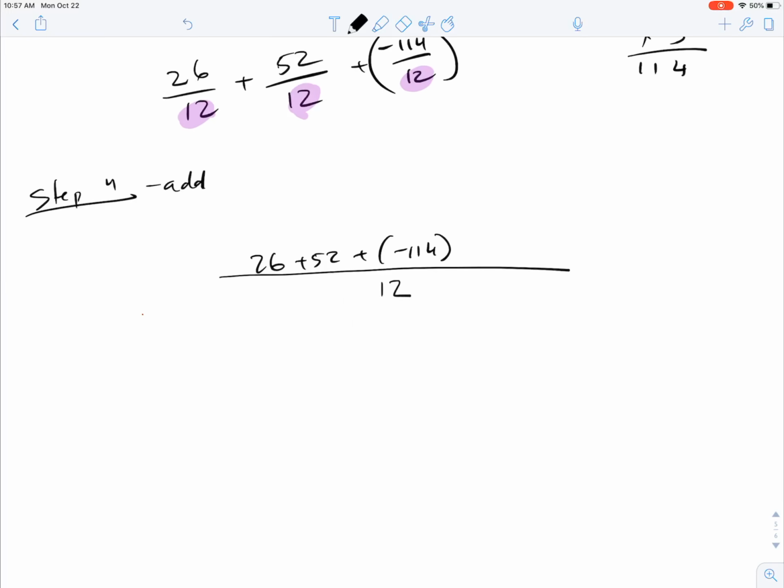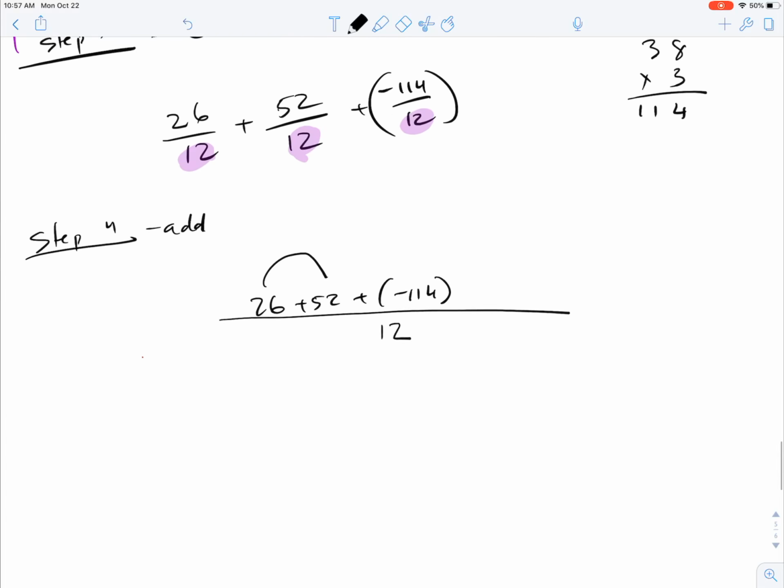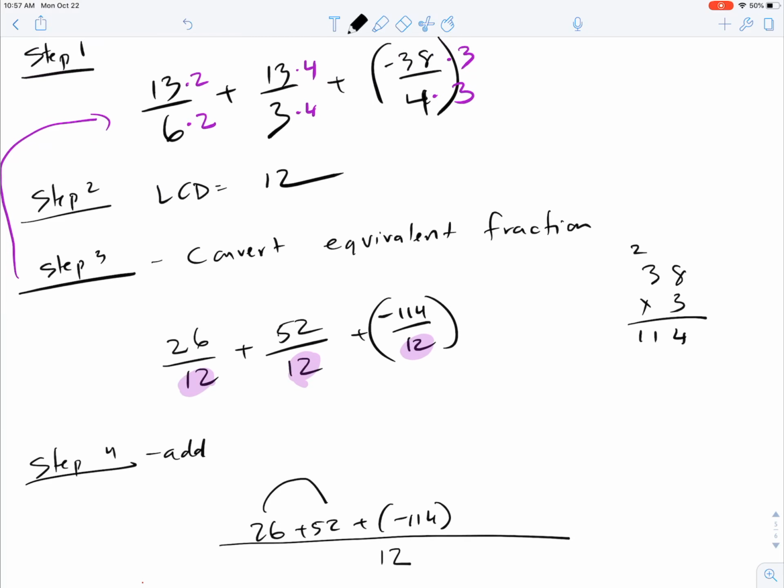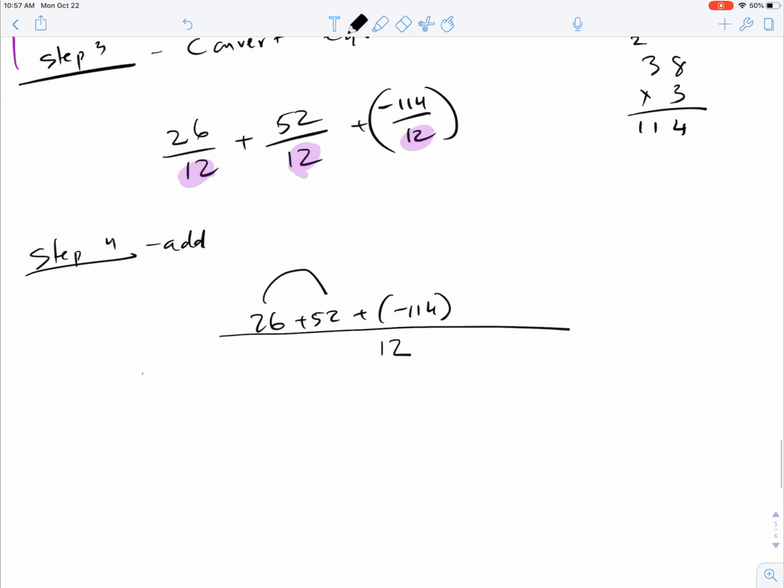The easiest thing is to combine the first two positive numbers. 26 plus 52 gives me 78, right? So that's 78 plus negative 114 over 12.